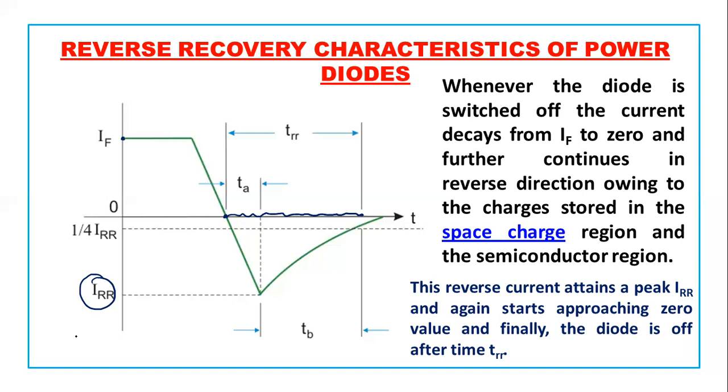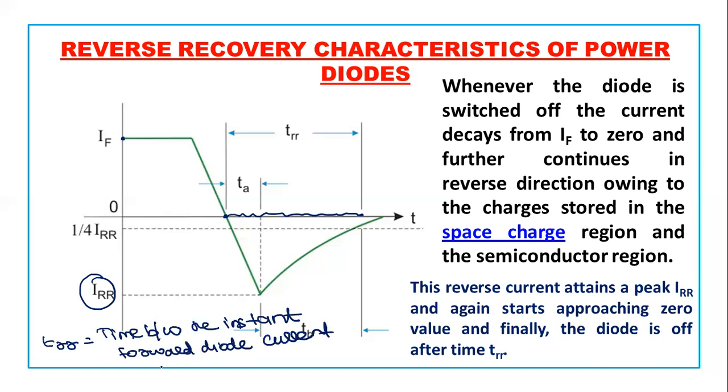So reverse recovery time TRR is defined as the time between the instant the forward diode current becomes 0 and the instant the reverse recovery current decays to 25%, you see, 1/4, that is, the instant IRR becomes 25% of its reverse peak value.